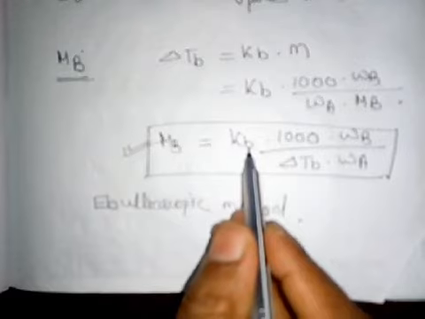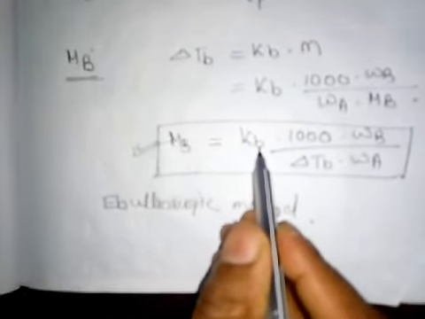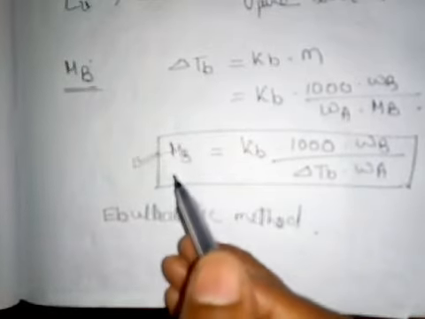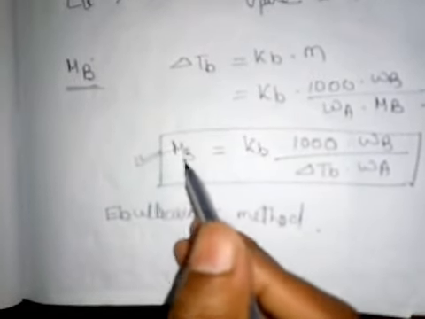Kb is called the ebullioscopic constant or molal elevation constant, and this way of calculating the molecular mass is called the ebullioscopic method.